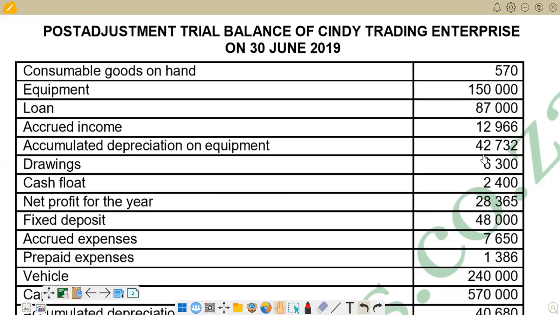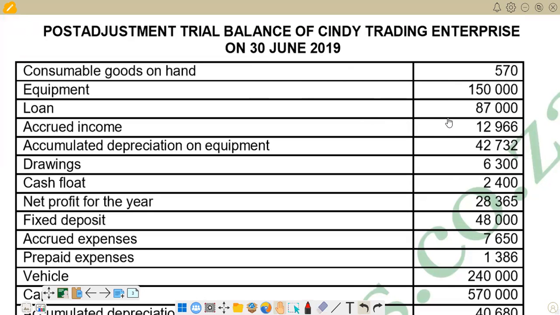To find the final value that we are going to put in the balance sheet, we are just going to say 150,000 minus 42,732, and then we post the answer as the carrying value in the statement of financial position. So we are just going to take these figures. Why are we doing so? It's because the date shows that these values are at the end of the year.